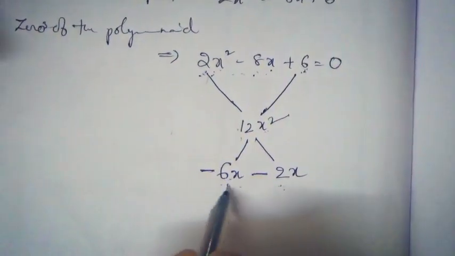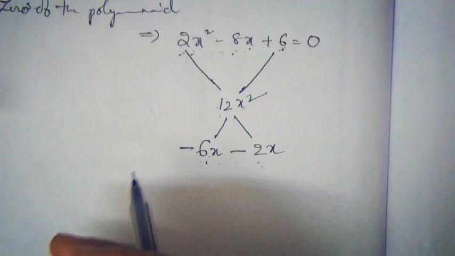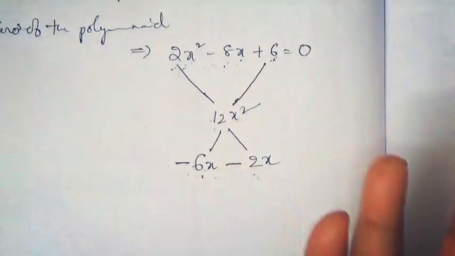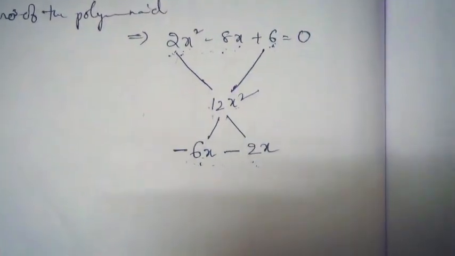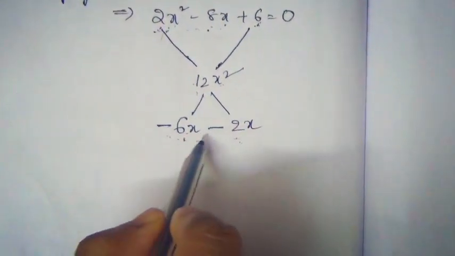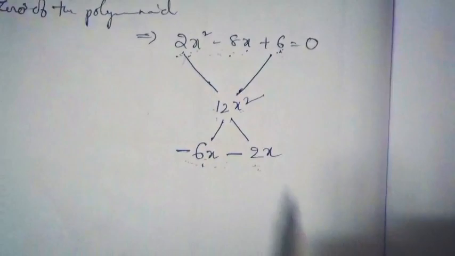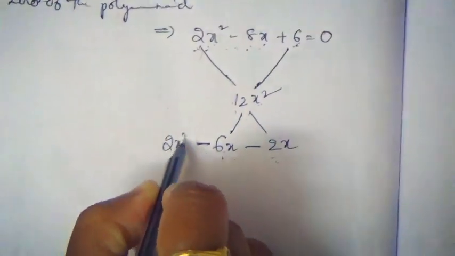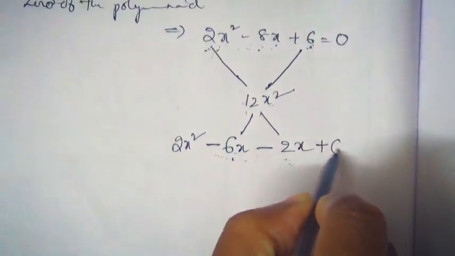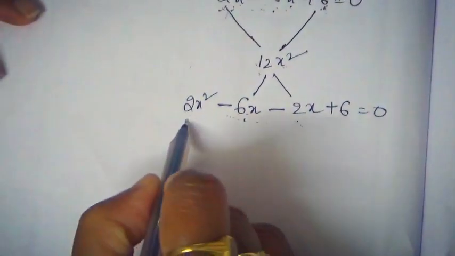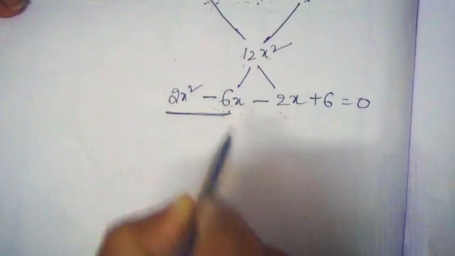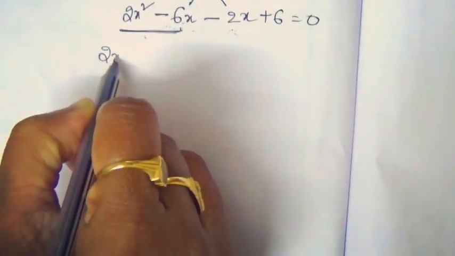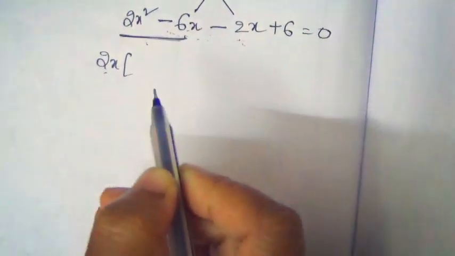By adding these two numbers, what number will we get? Minus 6x minus 2x, these two have the same signs, so we add them, but write the negative sign in front of the 8. The first number you write like this, and the last number also you write the same. From the first two terms, take the common term 6x, 2x.